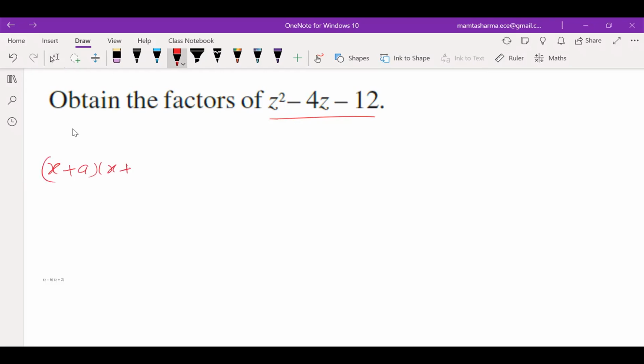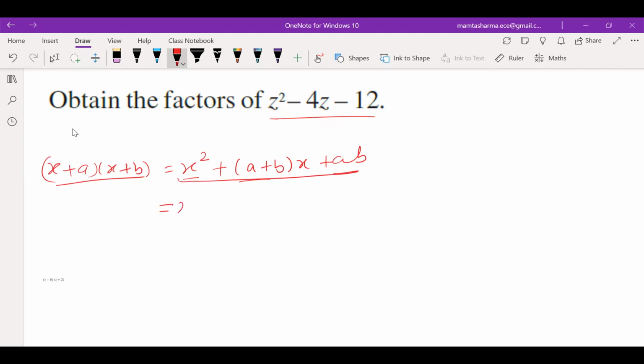Ma'am, we can take it as z square minus 4z minus 3z minus 12. Yes, correct. Since the x plus a, x plus b expression is x square plus (a plus b)x plus ab, for factorizing we have this term.